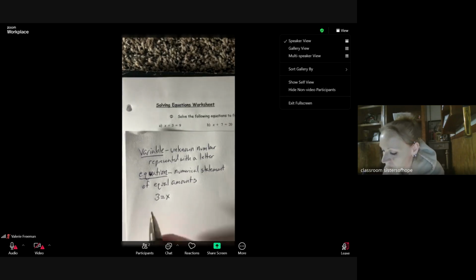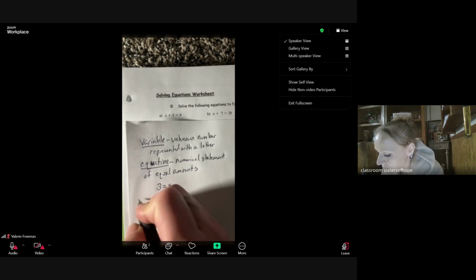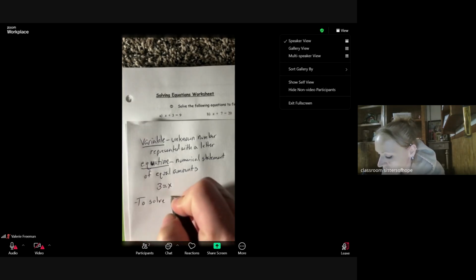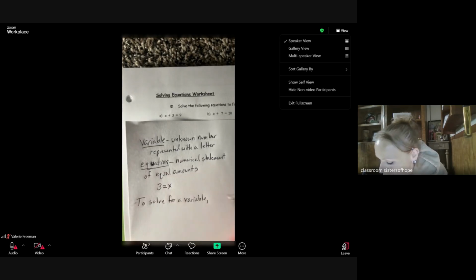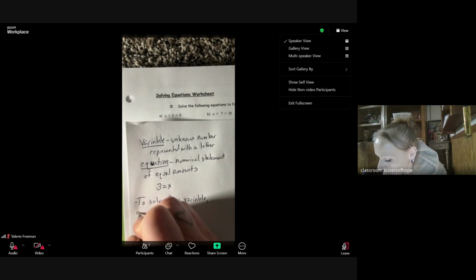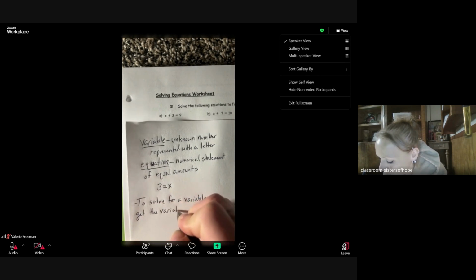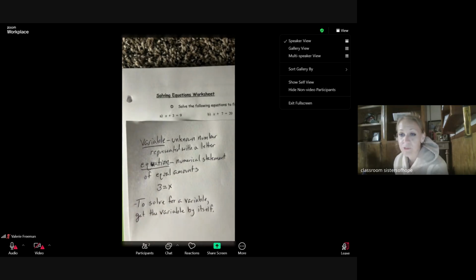Okay, so now that we know what those terms mean, the next step is knowing what to do with them, right? So we can make this little note: to solve for a variable, get the variable by itself. Like here, where you have x equals 3, you want to get it down to as simple as you can so that you know exactly what that letter represents.